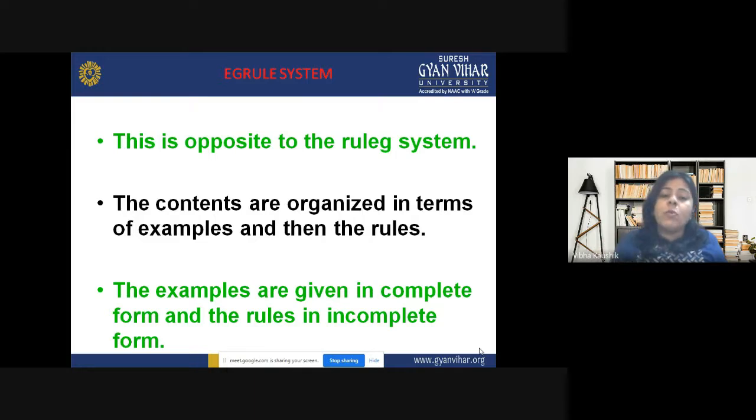So, what will be the role of the learner? The role of the learner is that on the basis of the examples that they have learned, they have mastered, on the basis of that information, they have to complete the rules that have been presented in front of them by the programmer.